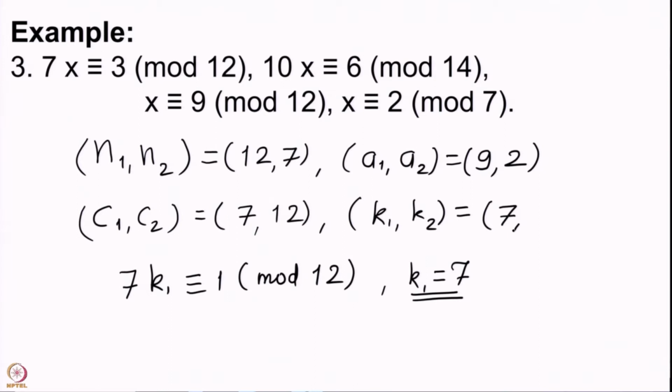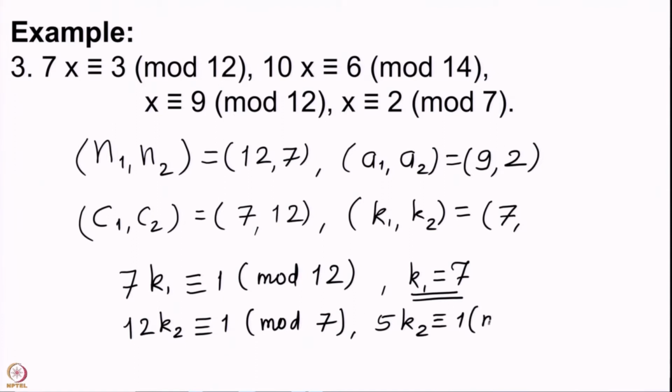There would be a unique such, and K2 will have the property that we should have 12 K2 congruent to 1 mod 7, which is the same thing as saying 5 K2 congruent to 1 mod 7. And so we have to compute the inverse of 5 modulo 7, and that is simply 3. So K2 is 3.